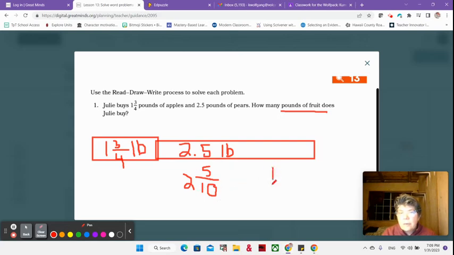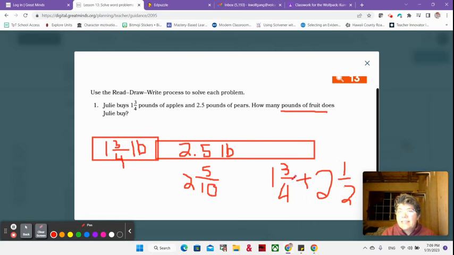So I could say 1 3/4 plus 2 1/2, right? 1/2 is the same as 5/10. If you're not sure, you can multiply both of these by 5. 1 times 5 is 5, and 2 times 5 is 10.